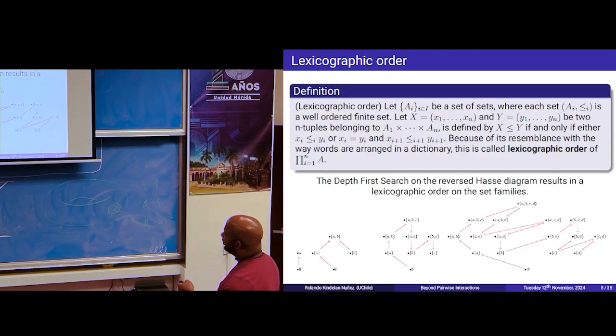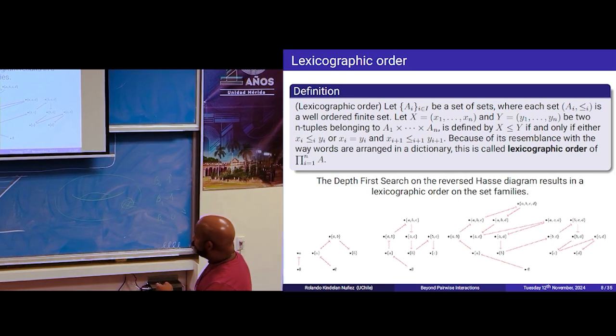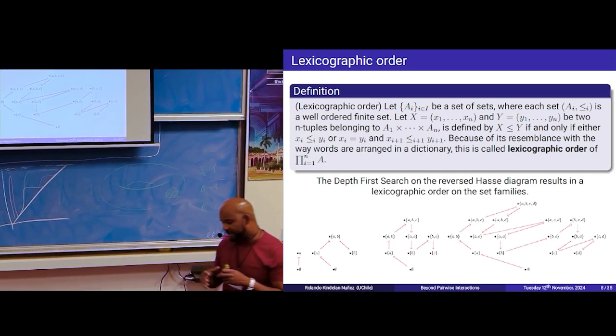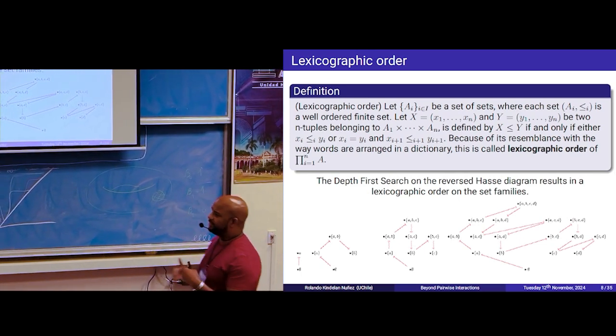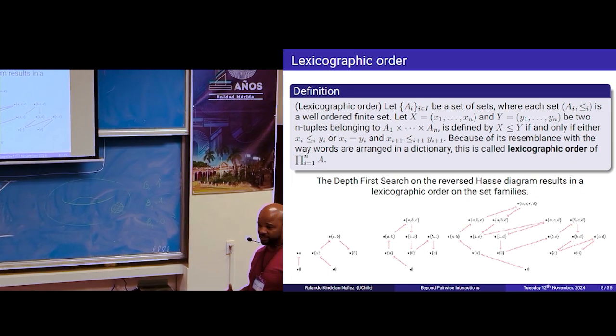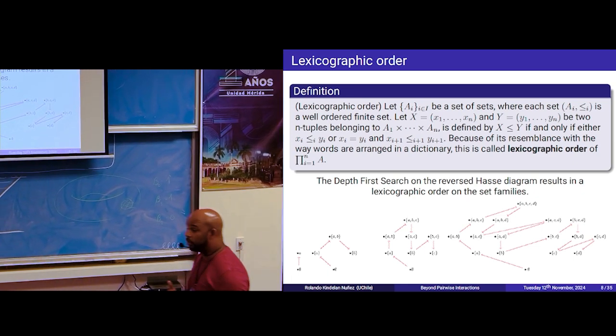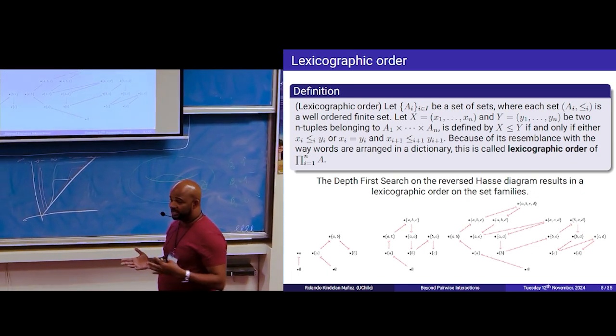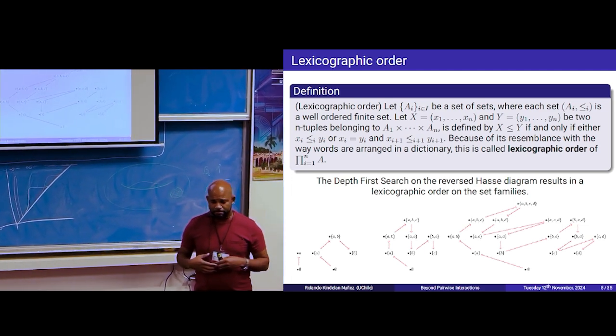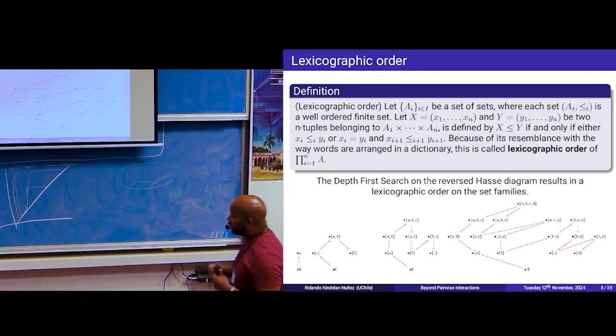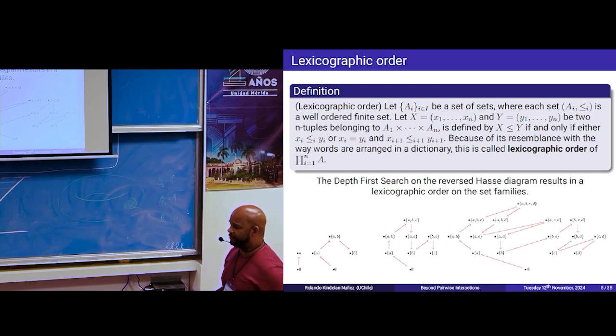So over those sequences of sets, we can define different orders. Like, for example, lexicographic order, which is the same order that we always see in a dictionary, for example.